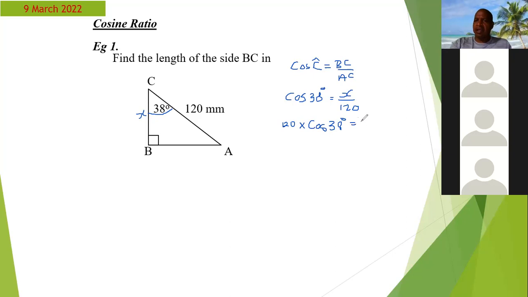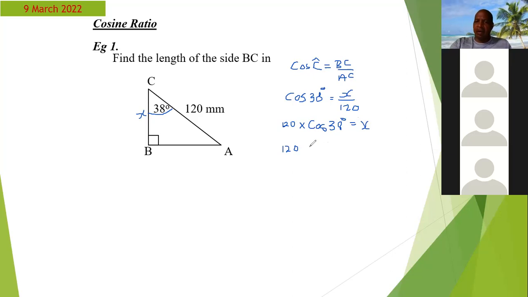So this is where we'll now have to use our calculator to find what the cos of 38 is. So what do you get? Oftentimes you can round your answer off to 3 decimal places if you have a bunch of decimals.